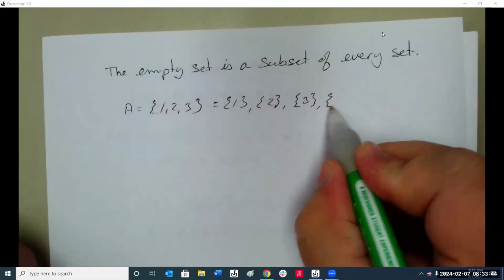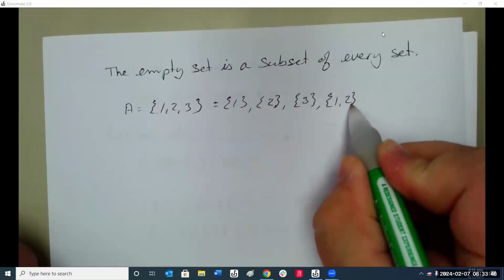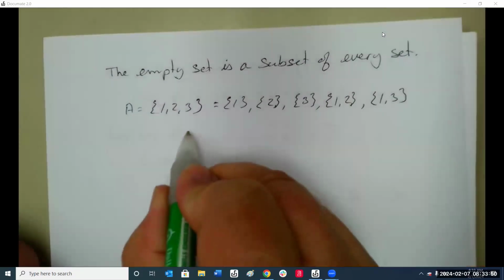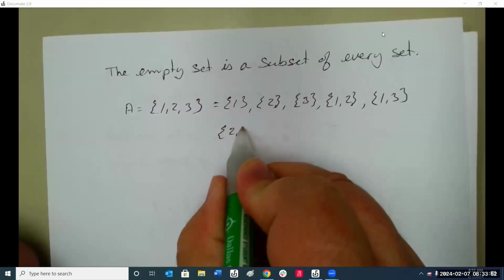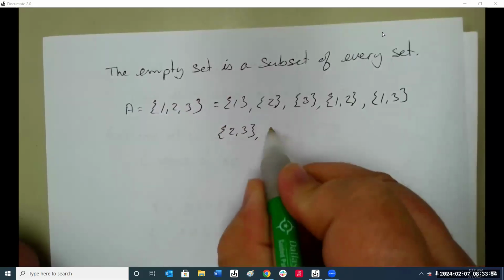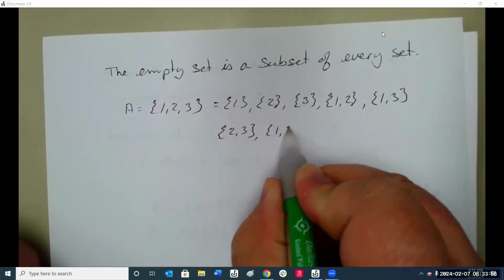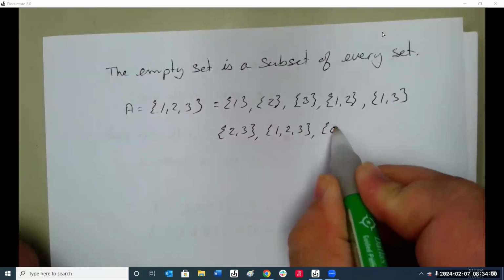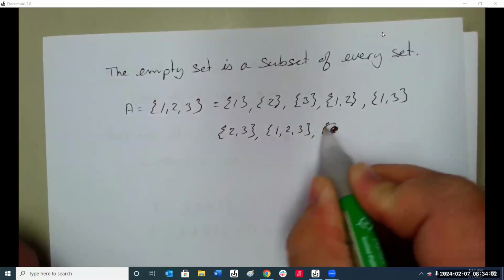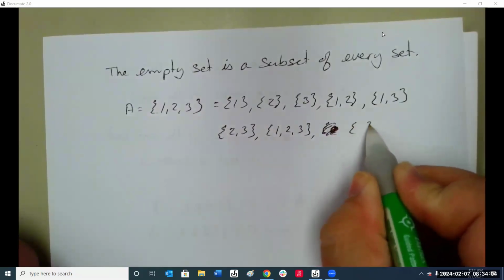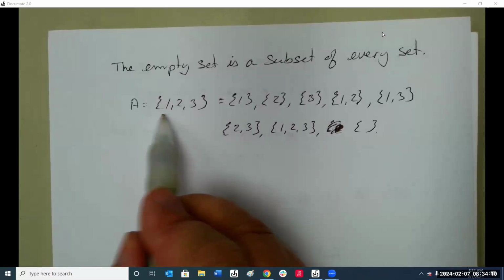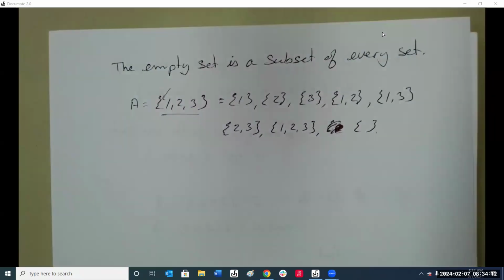Then we start pairing them off. 1, 2, 1, 3, 2, 3. Add all three of them. And none of them. So inside here, it's invisible. Nothing's in there.